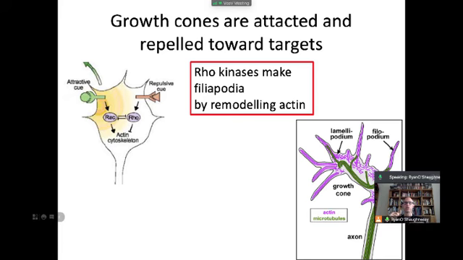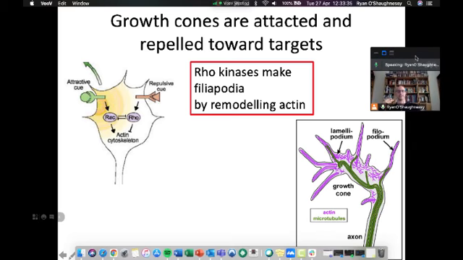And these Rho kinases, for instance, make filopodia by remodeling actin. And we can see this here in this schematic where there is active Rho kinase function. We see the expression of these lamellipodia and filopodia, and this allows that growth cone to migrate through the tissue.